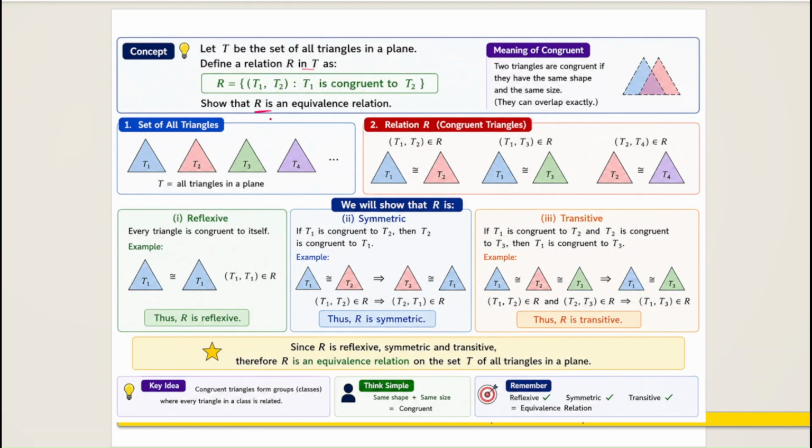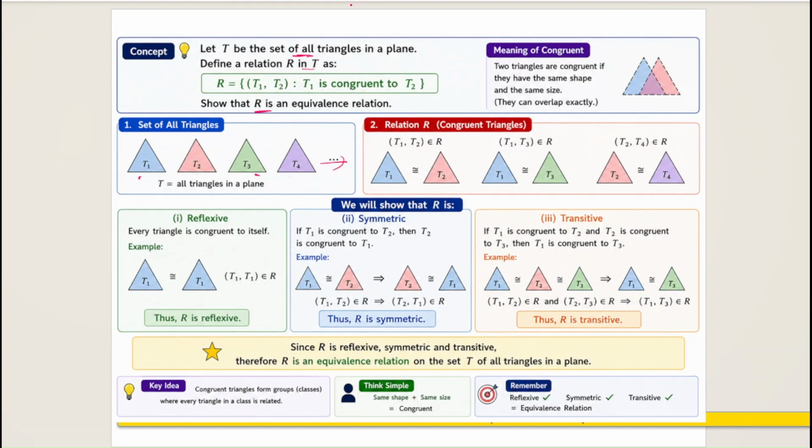Very important point. Try to understand the question first. There are multiple triangles, T1, T2, T3, T4 and so on, because the question says the set of all triangles.